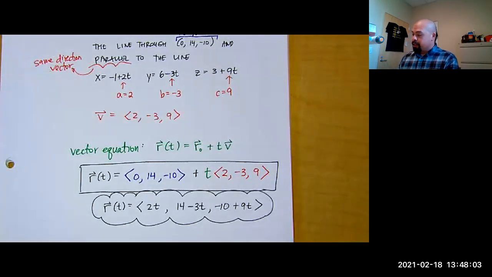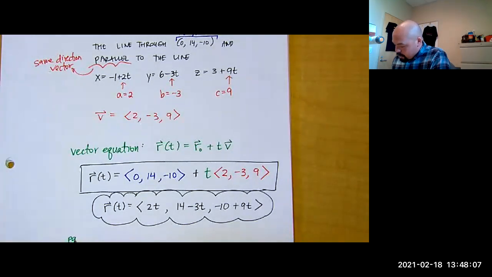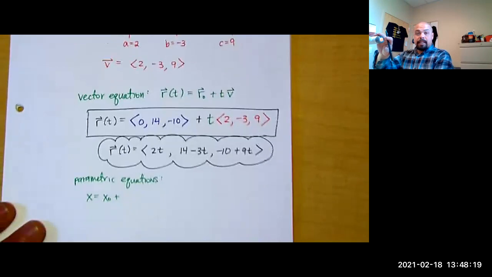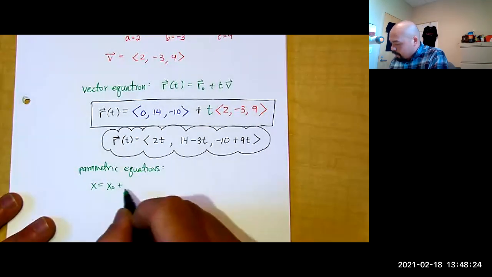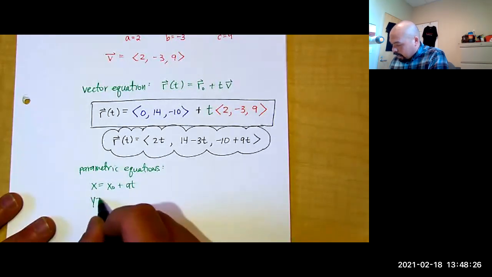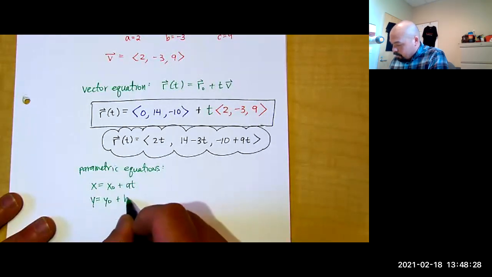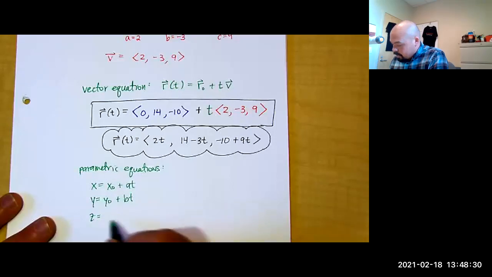All right. So there's the vector equation, our parametric equations. Those are the three. That system, let me slide this up. X is x naught plus at, y is y naught plus bt, z is z naught plus ct.